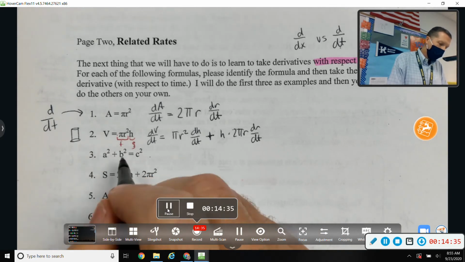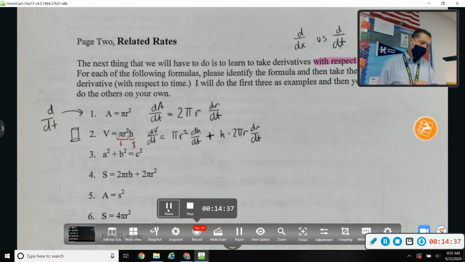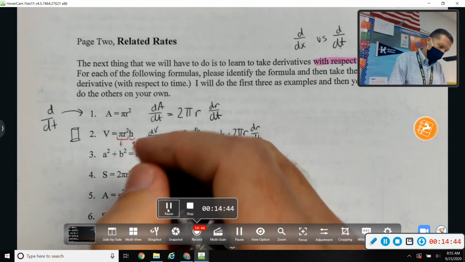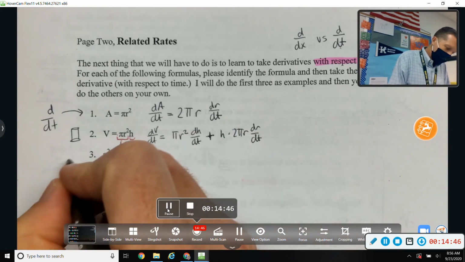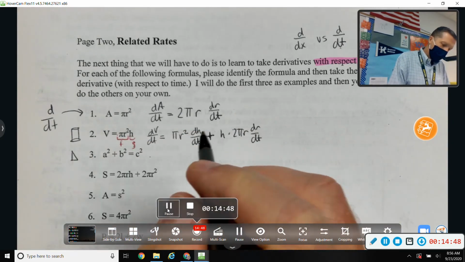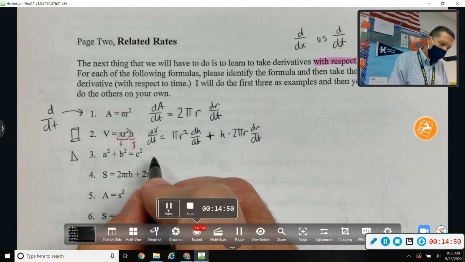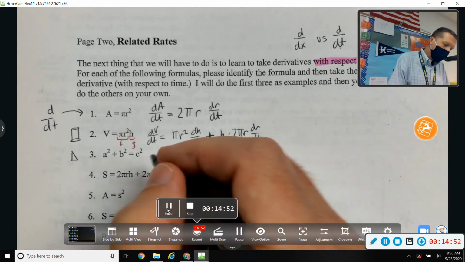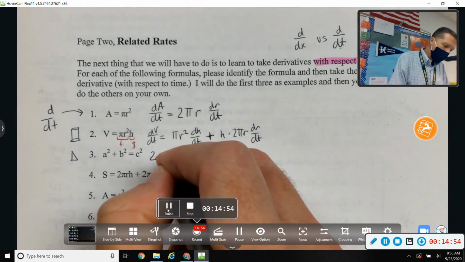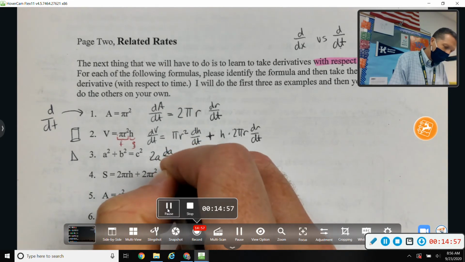Number 3, what's that look like? You recognize that one. Pythagorean Theorem. Right triangles. So with respect to t, the derivative of a squared would be 2a, but then you've got dA dt.